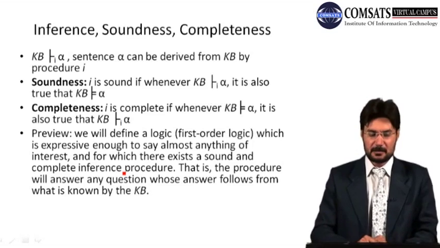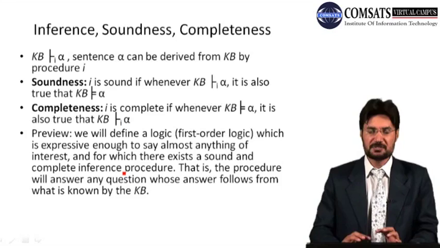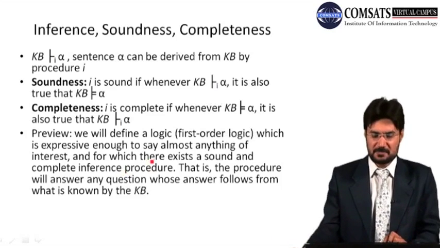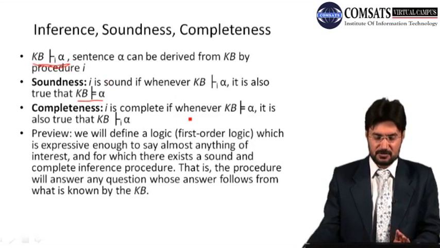So if we have this kind of procedure, then procedure I will also be true if we have a knowledge base in the first place which entails alpha. So if we have this situation, then this situation will also be true, because as we understand, if one is true, then the other will also be true.